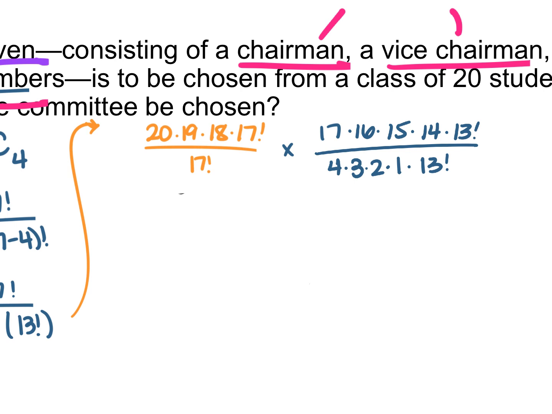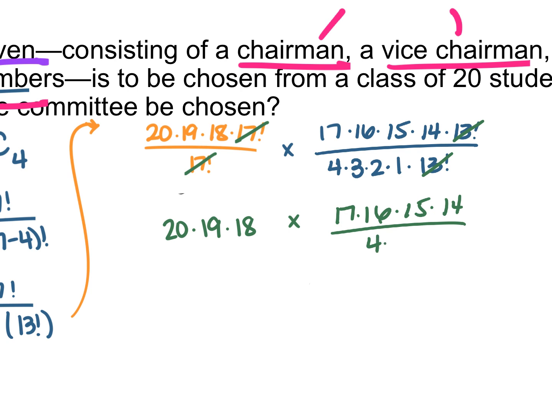For the one on the left in the orange, the 17 factorial cancels out on the top and the bottom. So you just have 20 times 19 times 18. For the part on the right, which is the blue, your 13 factorial cancels out. So you're going to have 17 times 16 times 15 times 14 over 4 times 3 times 2 times 1.